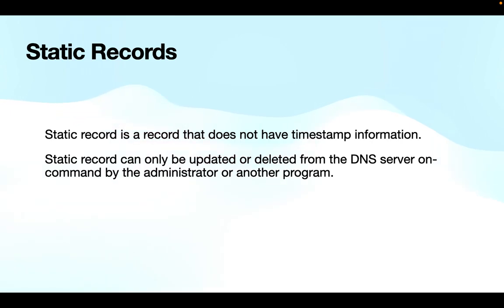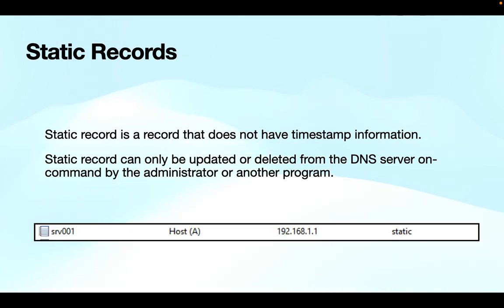Whenever you create a record or register a host A record in DNS, at that time the timestamp information will be updated in the DNS record. But in a static record there won't be timestamp information. Instead, there will be the word static mentioned, which indicates this record is static.